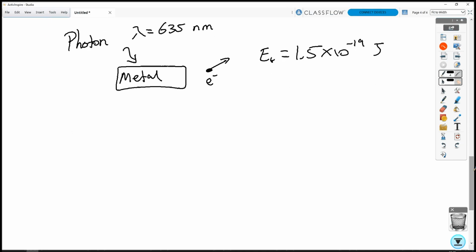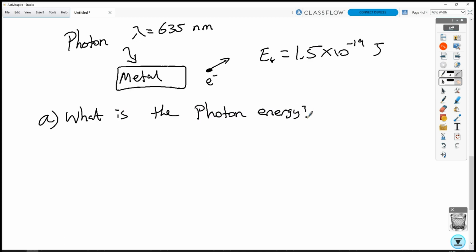So we'll break this down into 3 questions. A. What is the photon energy? B. What is the work function of the metal?